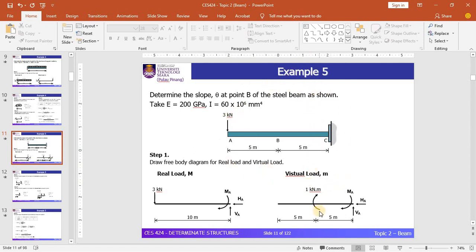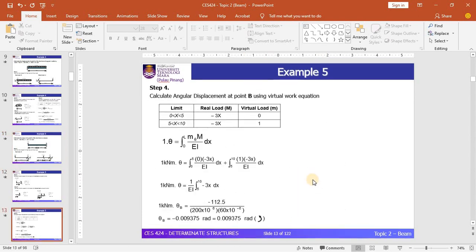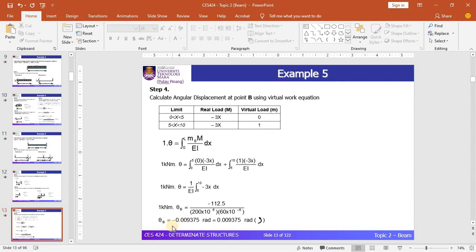Here we have applied the 1 unit moment in the direction opposite from the actual rotation of this beam. Due to that, you got a negative sign here.